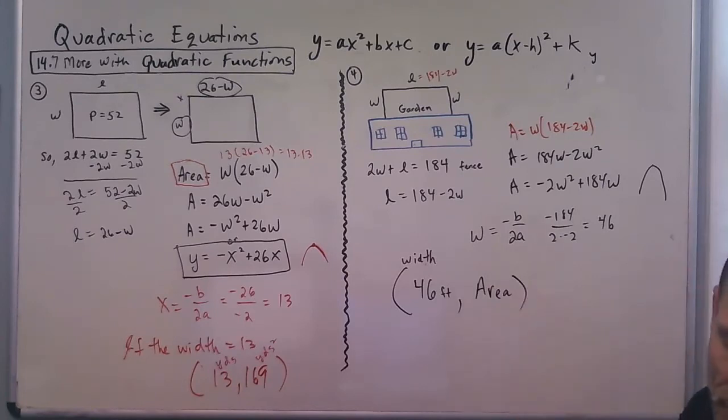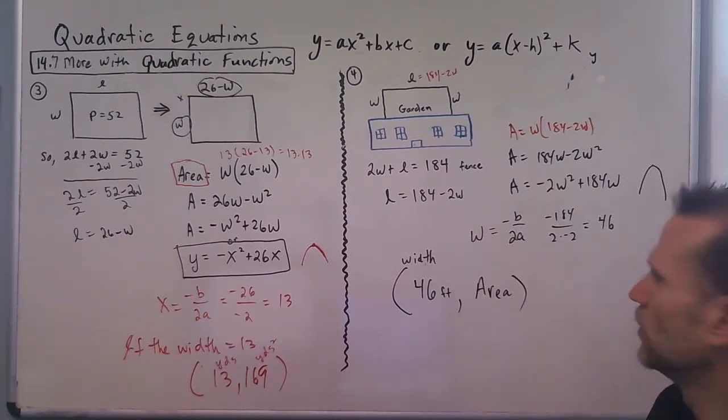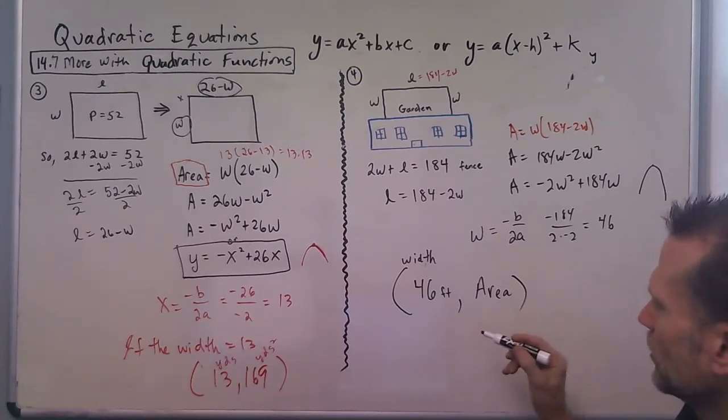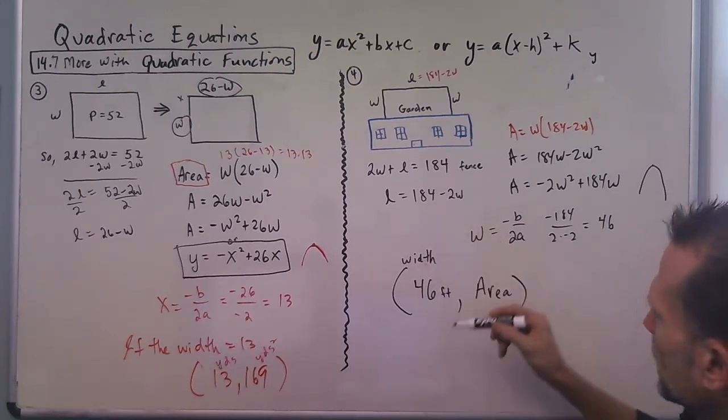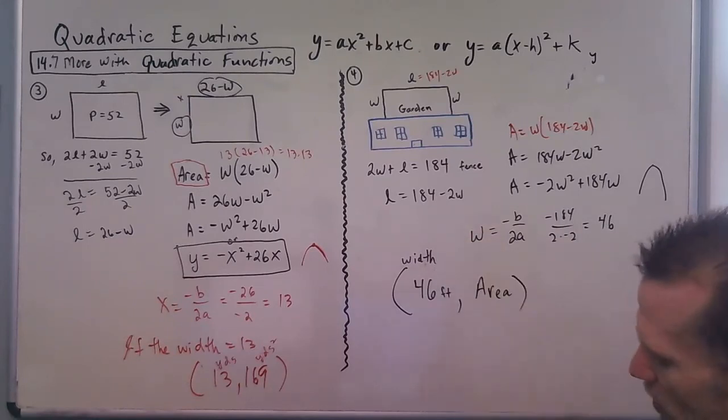But in this problem, they don't ask what the maximum area is. What they ask for is the length. So if I want to find out what the length is, I have to go back into one of my equations over here.